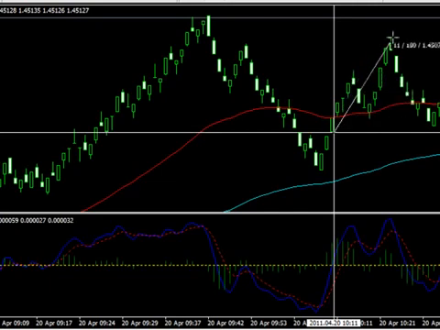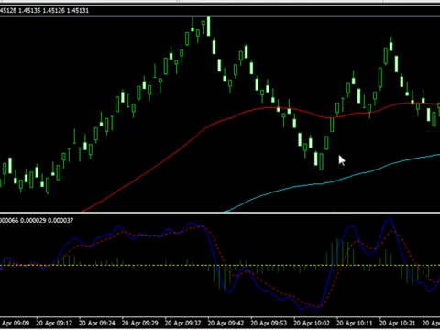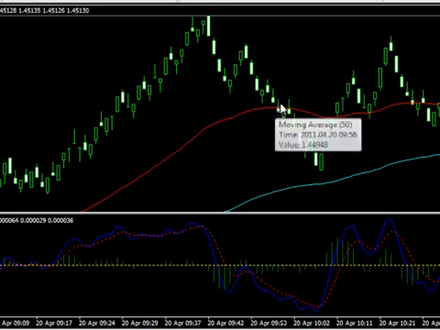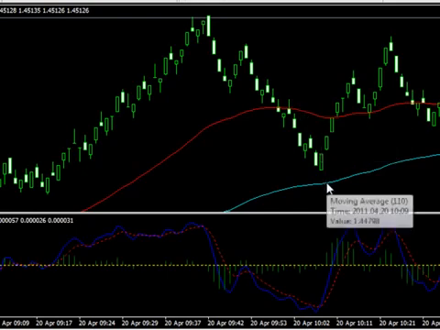If we pull back, we can take another 18, or probably another 8, so to this swing high here, if that's what we were after. So this is still a valid entry. I just wanted to show you that as an example that it might break through the 50. It's not always going to bounce off the 50, but as long as it stays between the 50 and the 110, then we're okay.